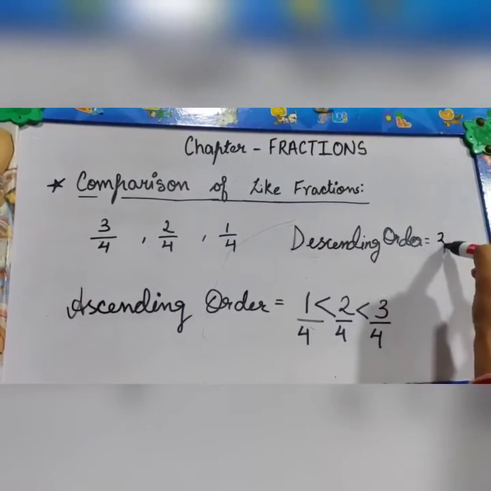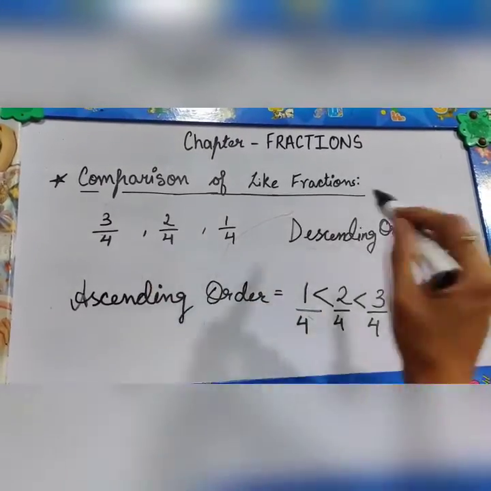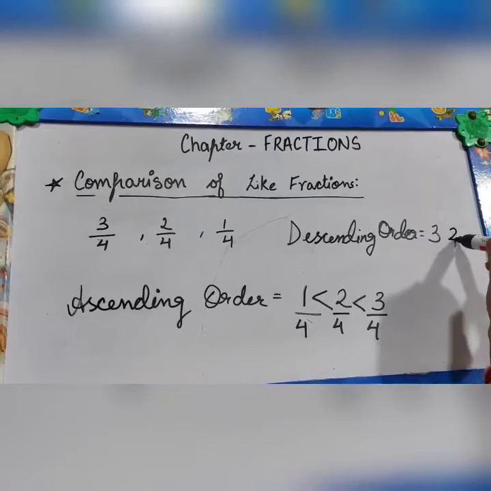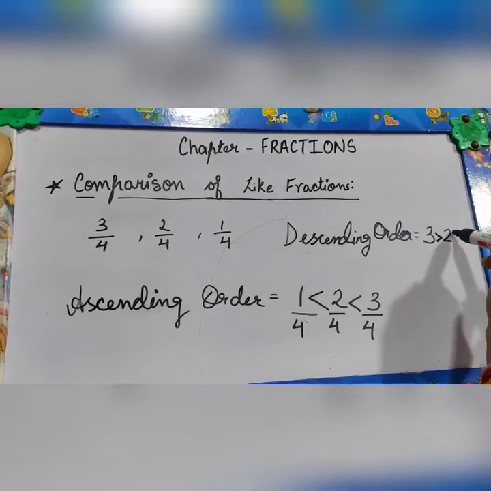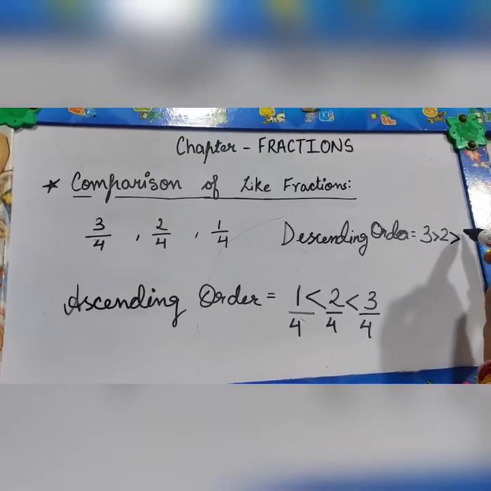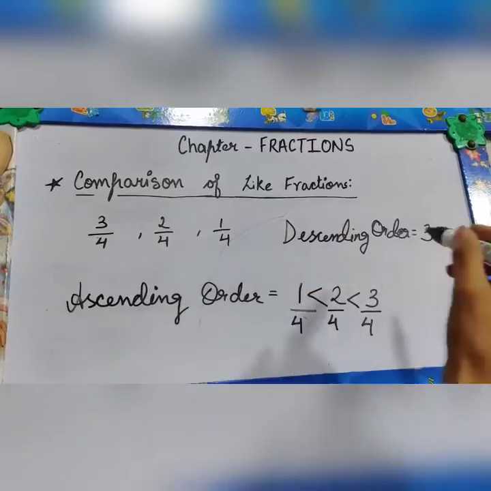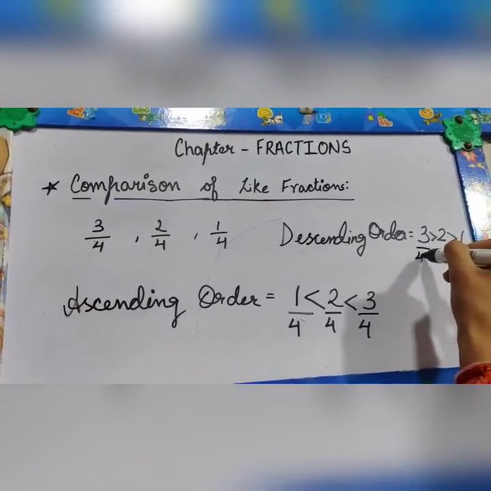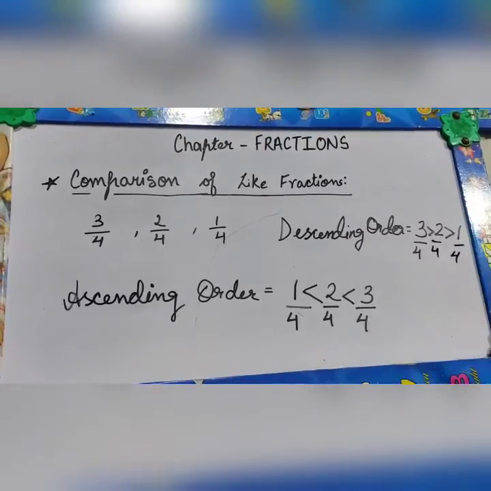So first we will write 3 here. Then after that the smaller number is 2. So we will write 2 and put the greater than sign. Then after 2 it comes 1. So again we will put greater than sign and write 1. As denominators are same, we will add denominators at the bottom. So this is our answer.